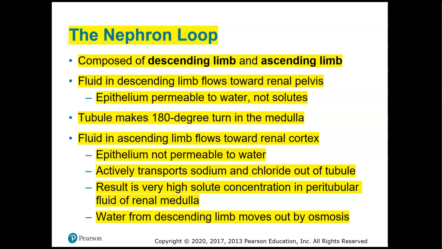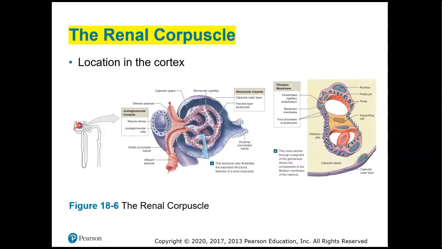So the purpose of the nephron loop is to concentrate the urine. And you also need to know two things. You need to know that the descending limb is permeable to water, so water is moving out in the descending limb and the solutes are staying in. So when you get to the bottom of the loop, you end up with very, very concentrated filtrate, because water's moving out but the solutes are staying in.